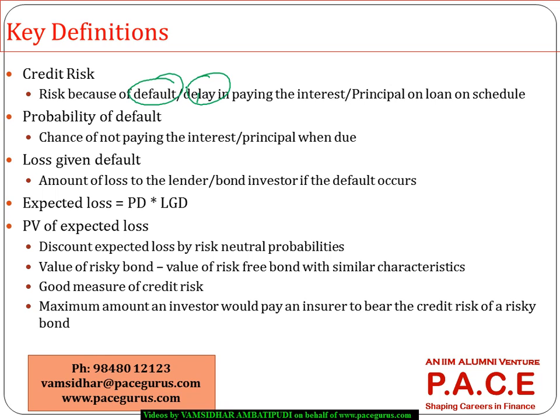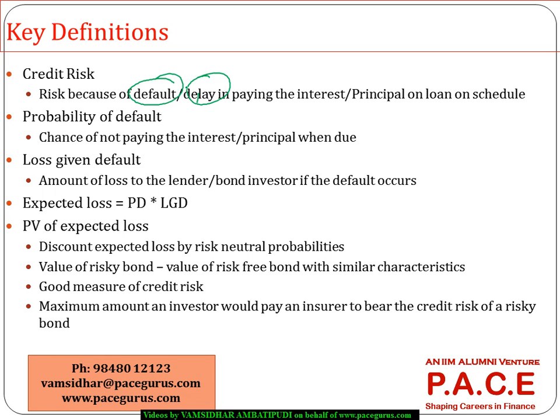Any default or delay in making timely payment of interest and principal, whatever they have borrowed, and according to the initially agreed schedule for interest and payment, if I feel there may be a delay or a default, it means I am exposed to risk.